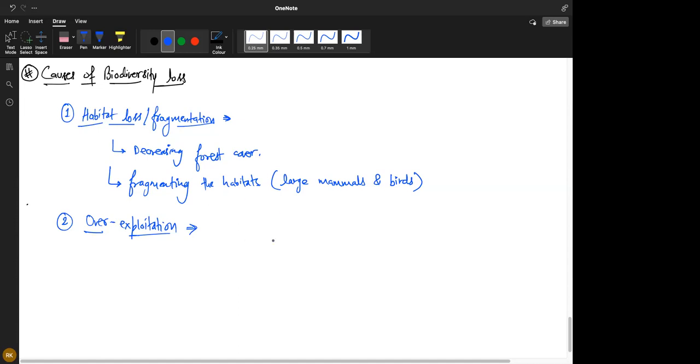So you can write down: many marine fish species, fish in the ocean, are overexploited around the world.